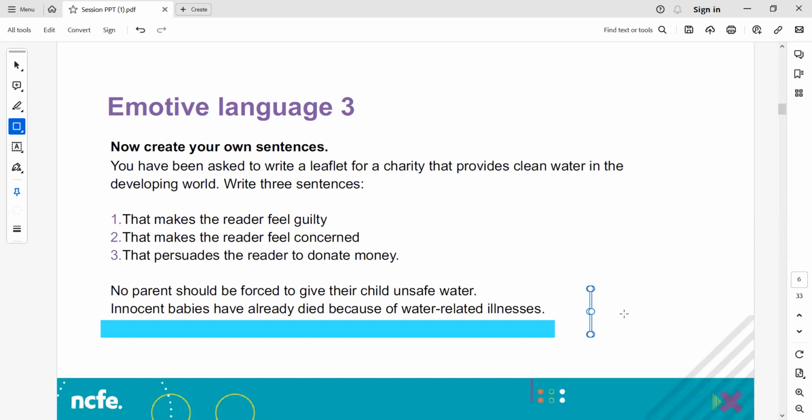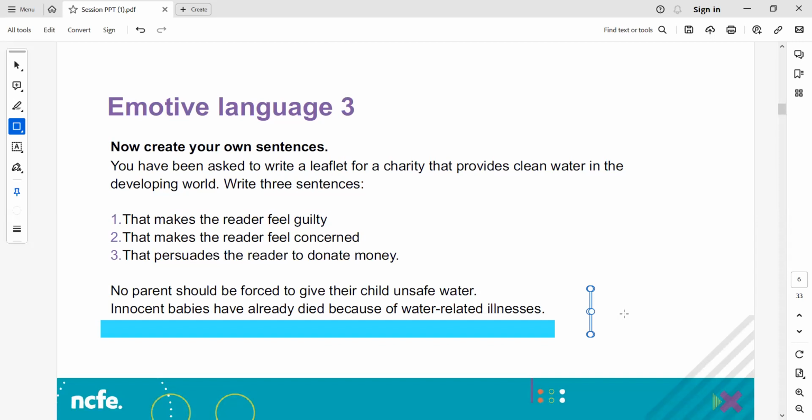Innocent babies. So this is the example given for number 2. Innocent babies have already died because of water-related illnesses. Okay, so or you could write something like, young children are becoming ill because of the dirty water they are forced to drink.